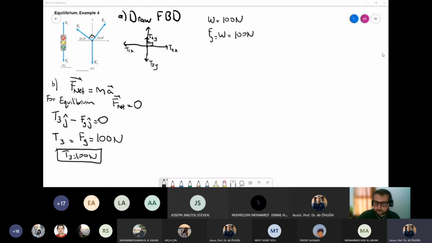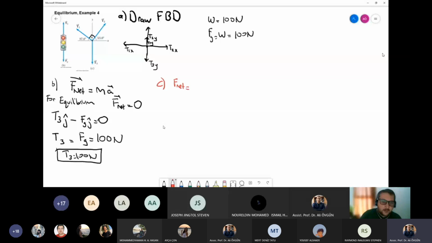Now we are going to the next step, to find what T2 and T1 are. For this purpose, we are going to use the free body diagram of this C. So let's use it. What are the forces?